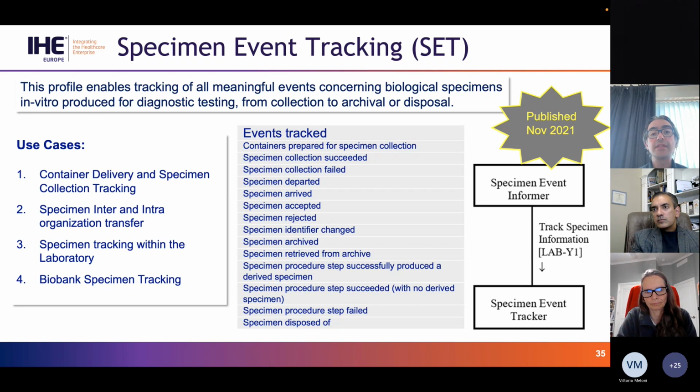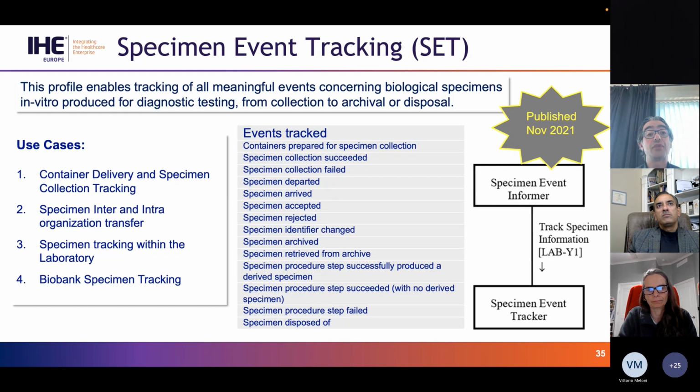What we did is to define a list of major events that it is important to be tracked, and we see this list in the right part of this slide. It is important to say that the scope of the specimen event tracking is to track some major operations on the specimen that are listed here.